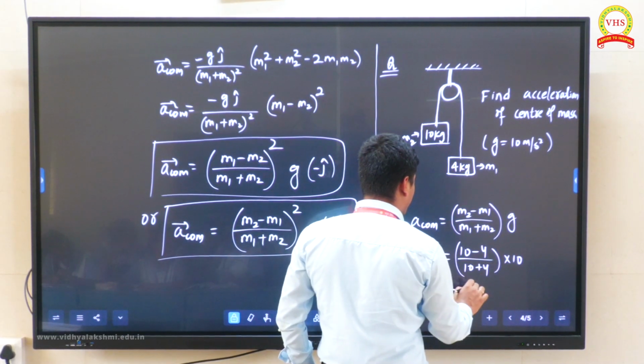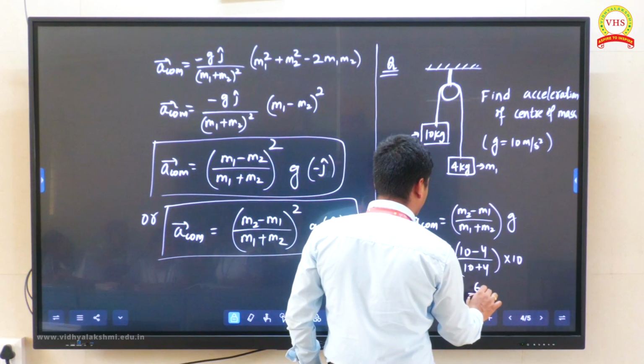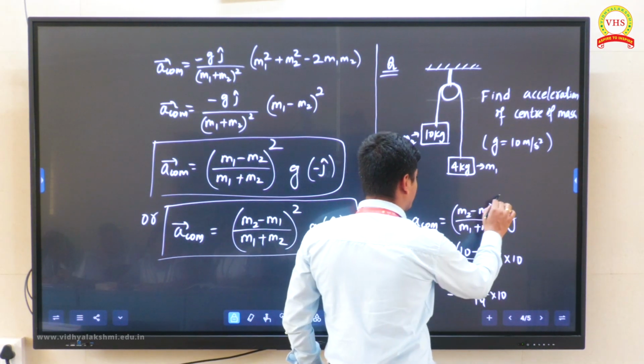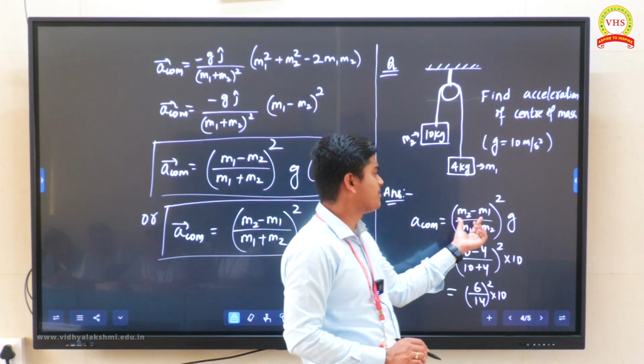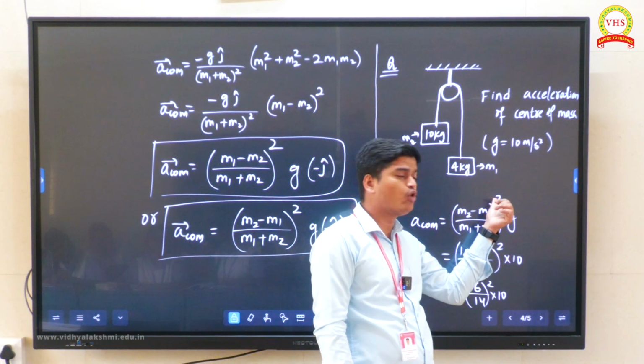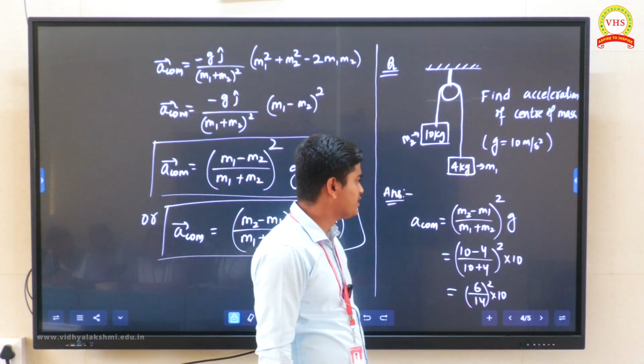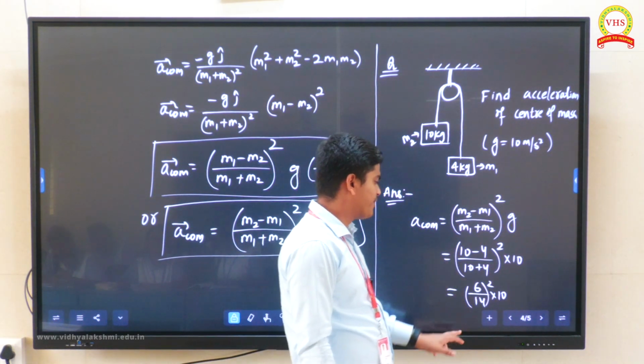Now how to happen? 10 minus 4 is 6 by 14, into square is there, right? Square will be there, because acceleration of center of mass, m2 minus m1 by m1 plus m2 whole square is there. So whole square you take into g. Now what will happen here?